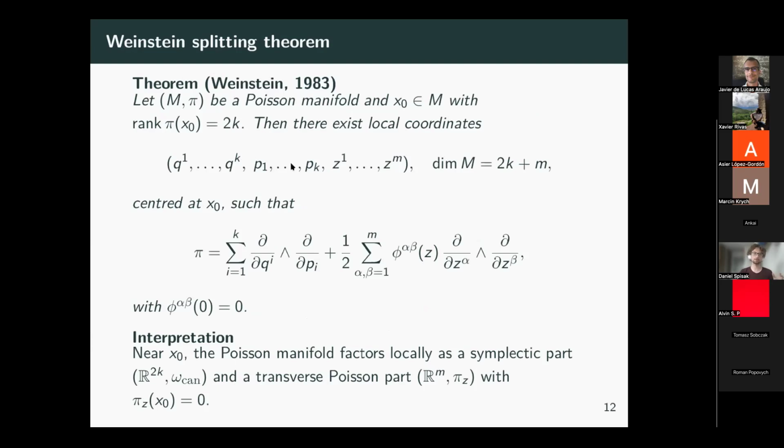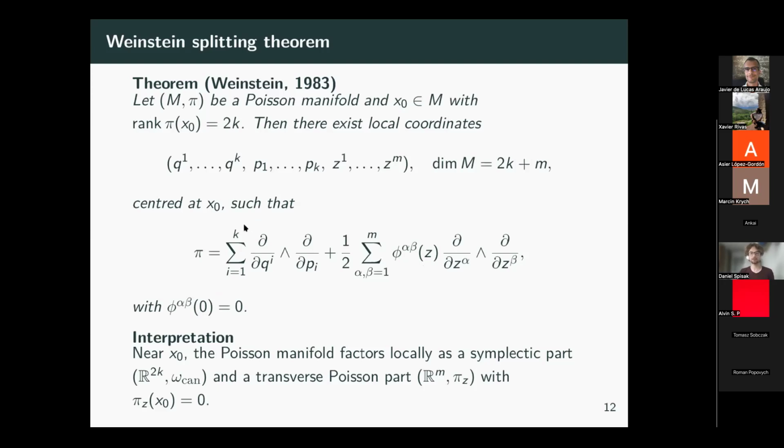I want to look locally at the Poisson bivector. How does it look in coordinates? Weinstein proved this theorem in 1983. Let's consider a Poisson manifold at any point with constant, even rank of the Poisson bivector. There exist local coordinates such that the Poisson bivector is given in this form, where phi, alpha, beta are smooth functions that vanish at zero.